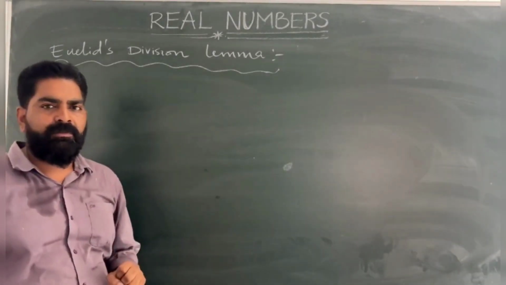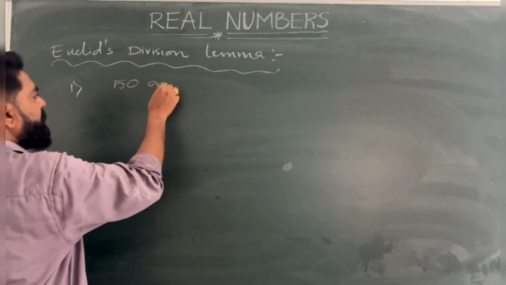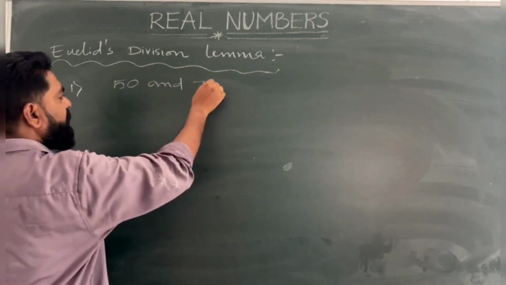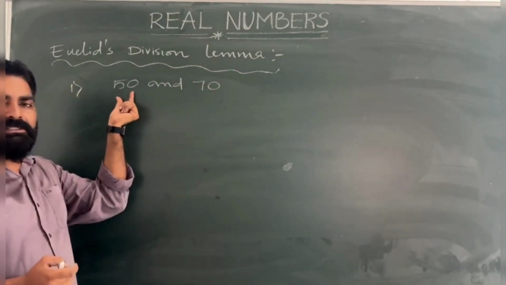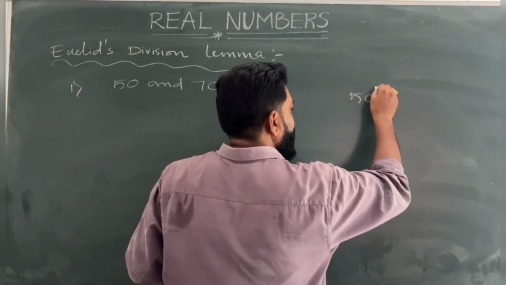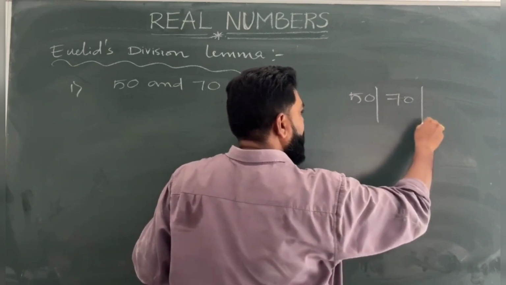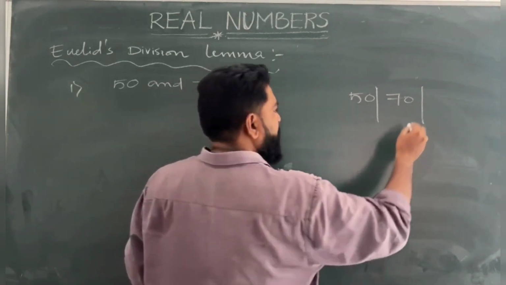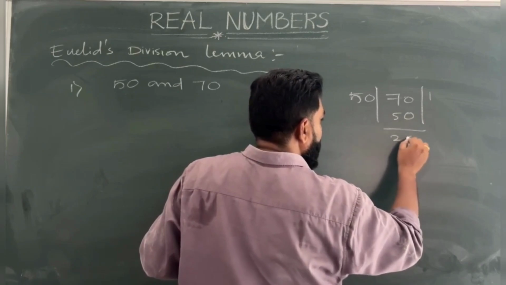Euclid's division theorem. For example, the first question is 50 and 70. Here 70 is the dividend and 50 is the divisor. Taking the 50 table, 50 ones are 50, the remainder is equal to 20.